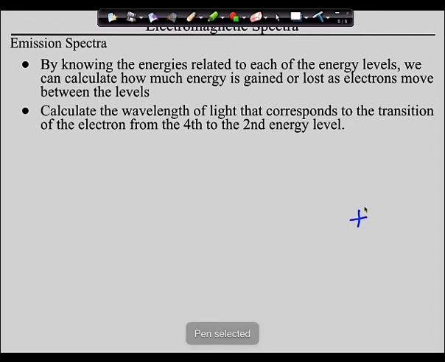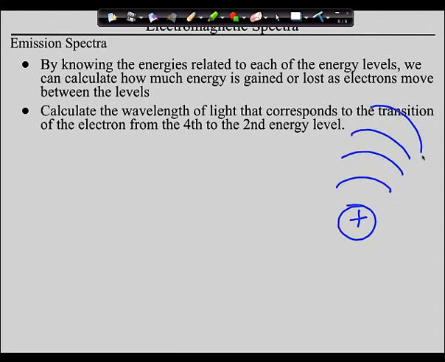So here's our nucleus. And then we've got energy levels 1, 2, 3, and 4. So we've got an electron going from 4 down to 2. So how can we figure out the wavelength of that light? What do we need to know? The energy of 4 and the energy of 2. Then what are we going to do? Change in energy is equal to final minus initial.